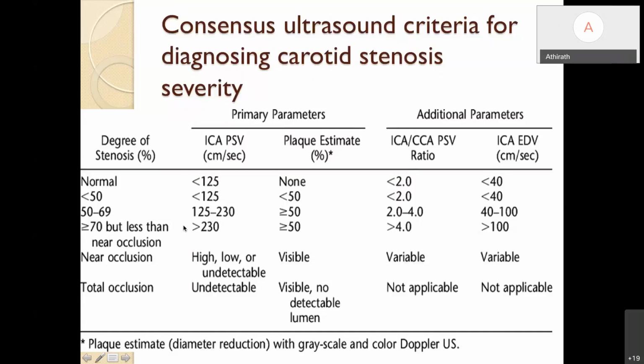When it is greater than 70% stenosis, the PSV is greater than 230 with an ICA to CCA PSV ratio greater than 4 and an end diastolic velocity greater than 100. When there is total occlusion, the PSV is undetectable. The PSV ratio and the end diastolic velocity are not applicable.